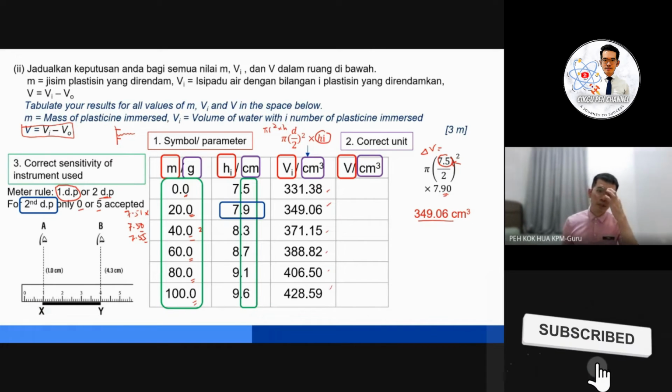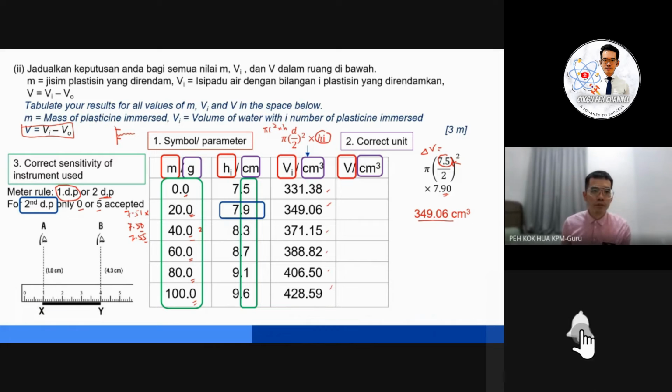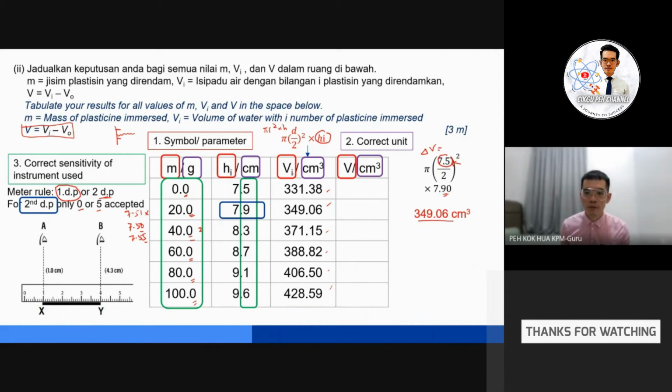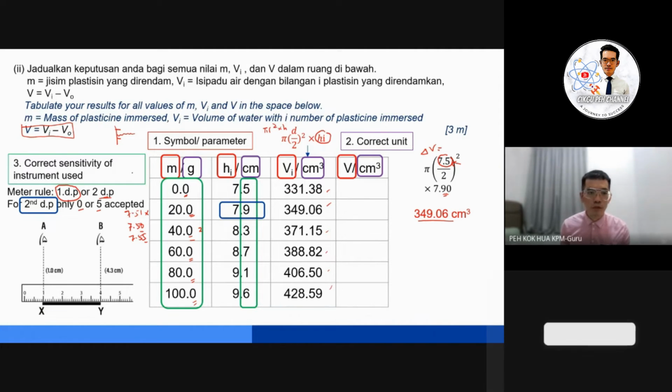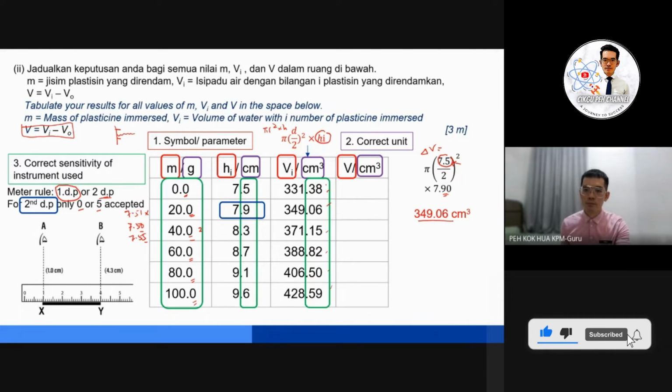Then for the next, the V, you use the formula given by the question, which is Vi minus V naught. Here, the V0 is 331.38, and the Vi is the same value, so minus gives you the result. Before I show you the reading for V, you can see that for this column, all the readings have 2 decimal places, which is consistent.